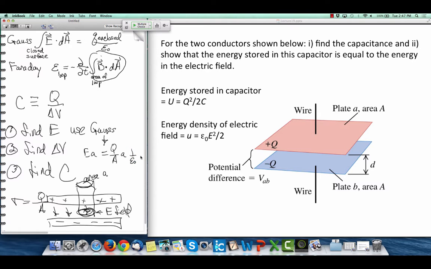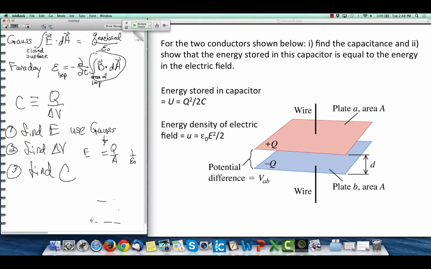So the area of the cylinder face cancels, and I find out that the field in between is Q over A epsilon zero by Gauss's law. How do I get delta V? Well, we did some of that last time.